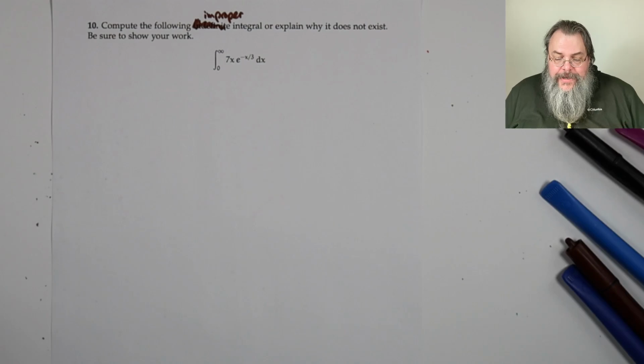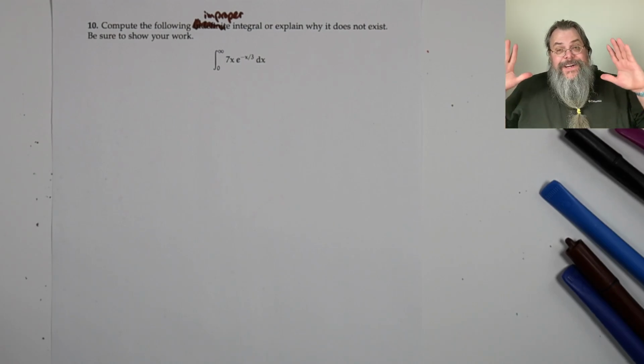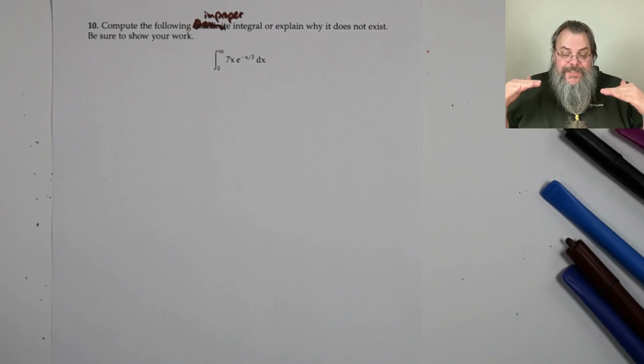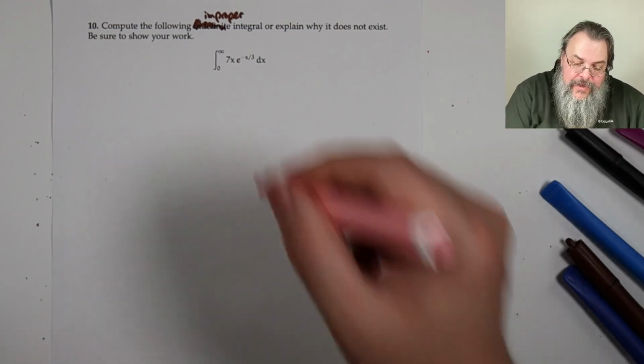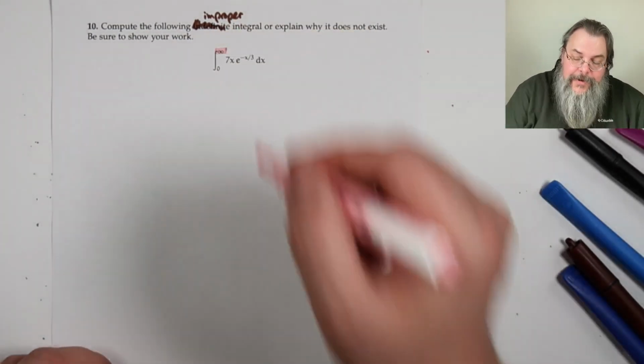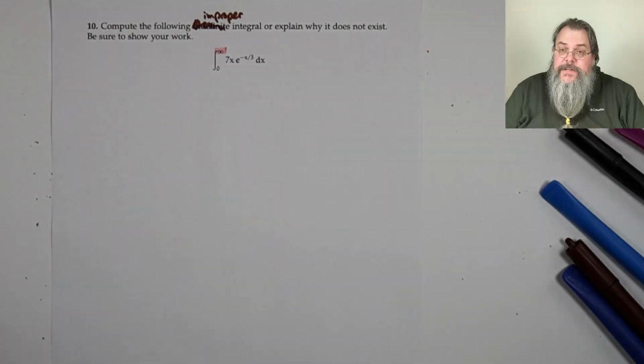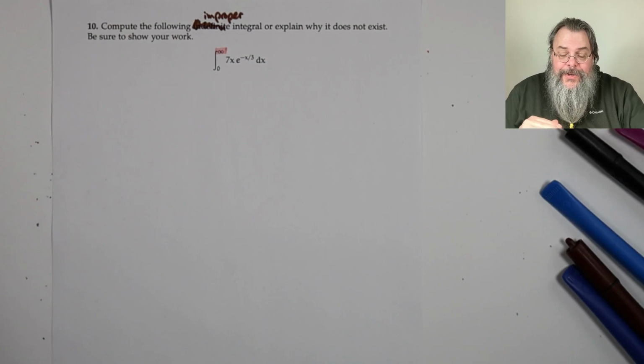Okay, so why did I call it improper? Well, it's definitely not indefinite because it has bounds. Indefinite means no bounds. Improper is something involving infinity. And I can't help but notice there's an infinity here. So we need to deal with our infinity.